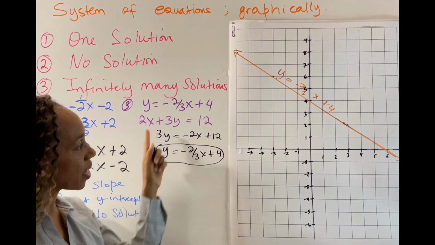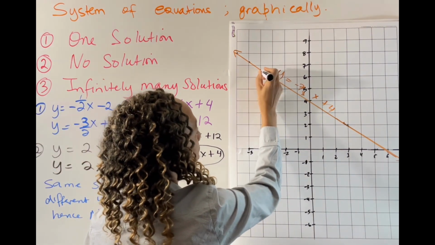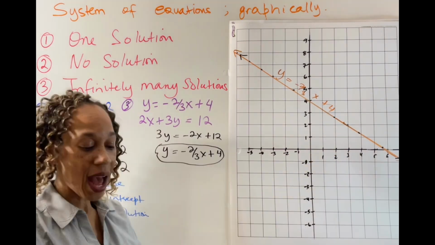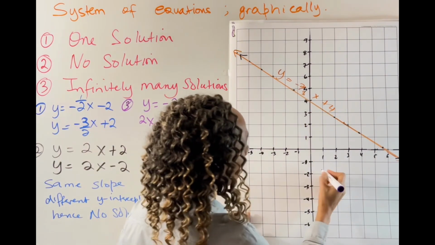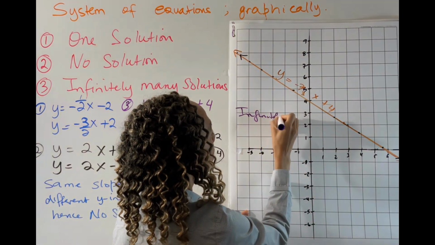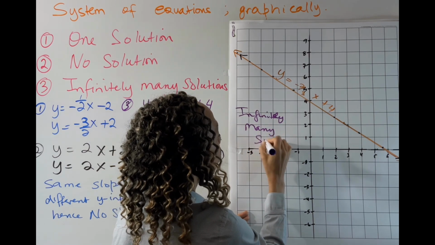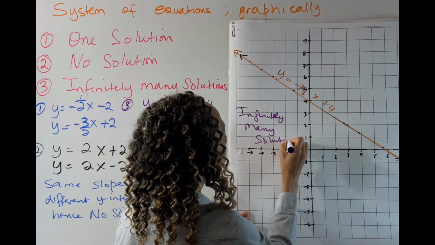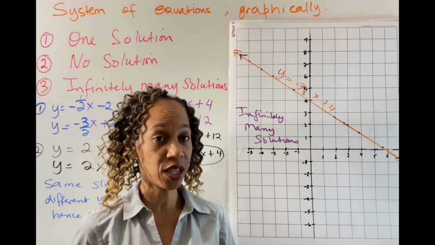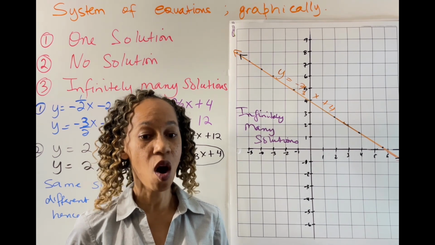And because both equations are the same, you can know that any point on this equation is going to be the same for the other one. Since you have both equations on top of each other, you will end up with infinitely many solutions. When you have infinitely many solutions in a system of linear equations, it simply means that it is a dependent system of equations.